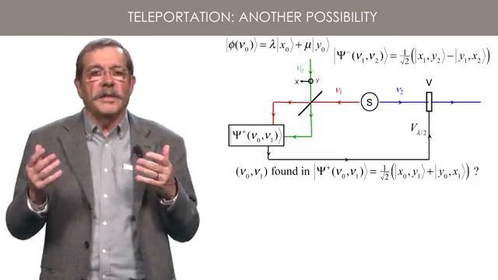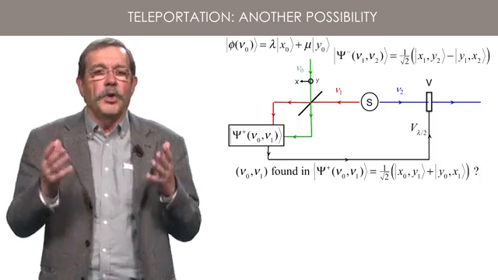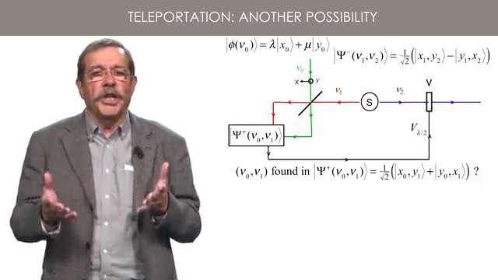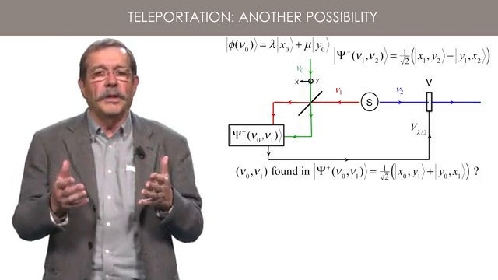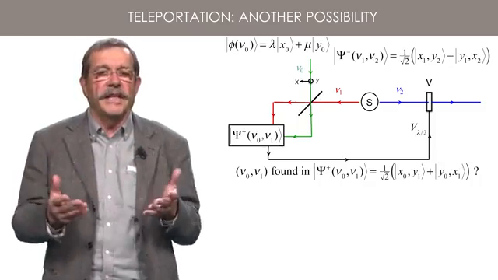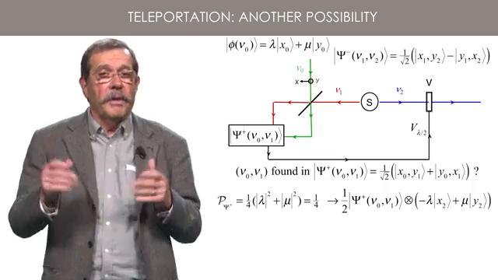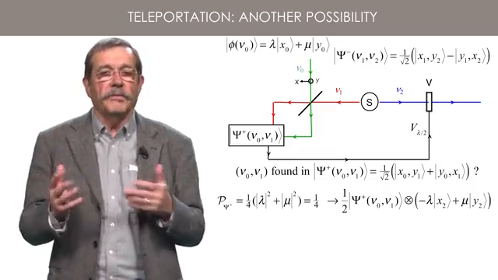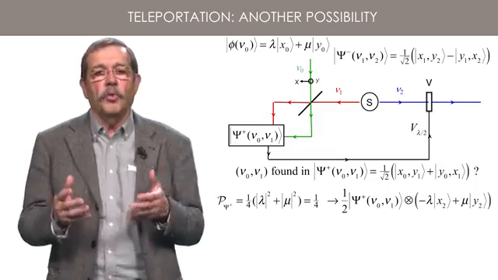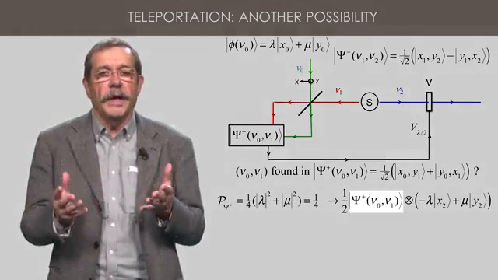Reasoning as in the case of psi minus, you can calculate the result of the projection of the initial state epsilon on the eigenspace associated with psi plus. The probability is 1/4.